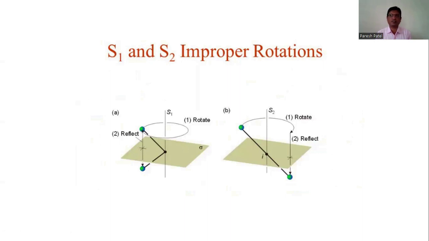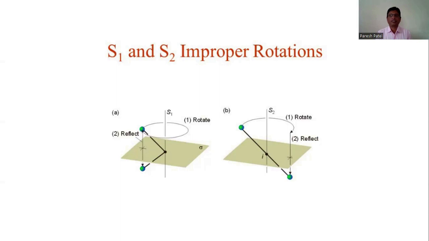N represents the order of the axis, and K represents the number of times the symmetry operation is performed. N is equal to 360 by theta, and with the help of this equation, we can derive the order of the axis for that molecule. Symmetry operations can be designated by Cnk, where K means the number of times the symmetry operation is performed. So the first time it can be designated as Cn1, the second time Cn2, Cn3, etc.